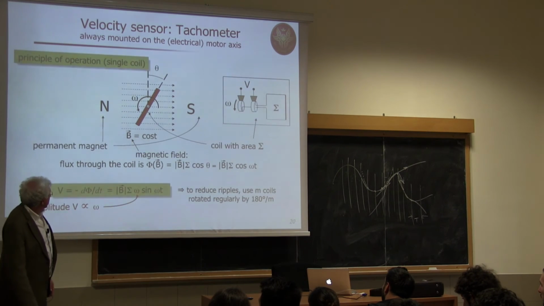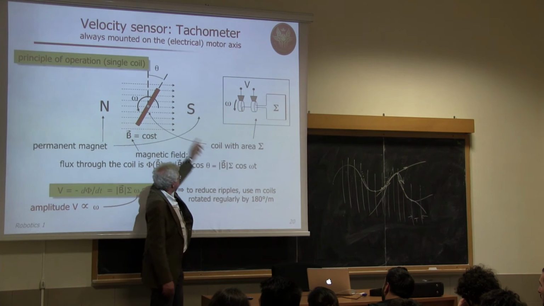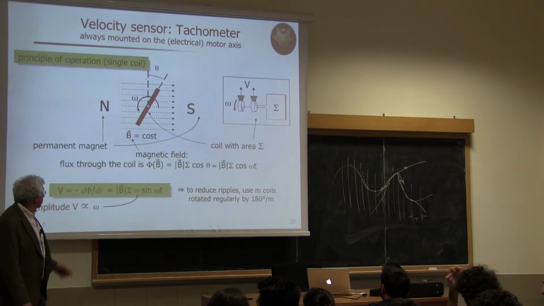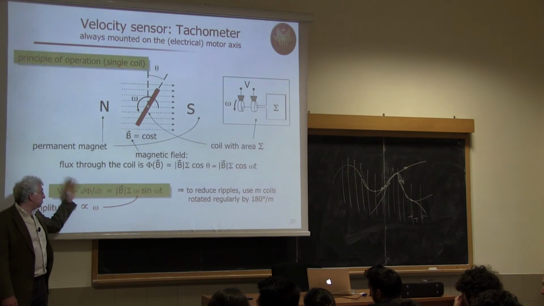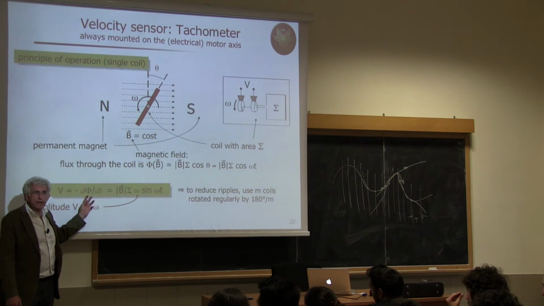So cosine theta, if you're moving at constant velocity, can be written as omega times t. So you have this type of pulsing, sinusoidal flux, and the tension that you have on the coil and that you can measure is proportional to the variation in time of the flux.